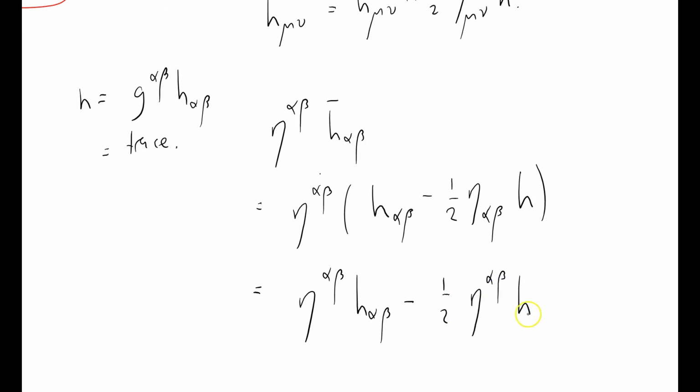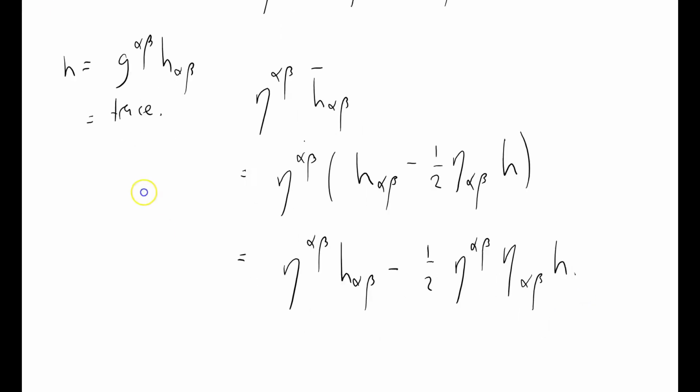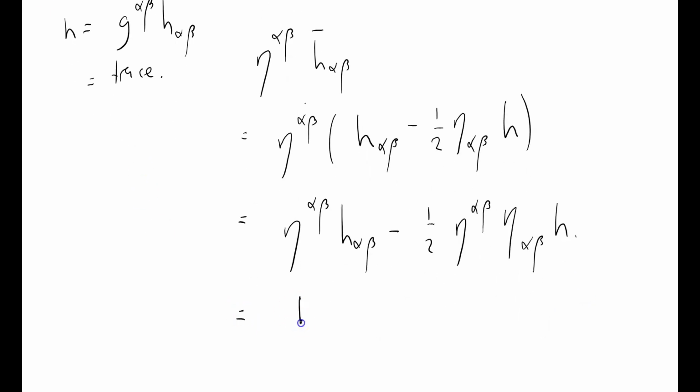Oh no, there's a factor of h there. That's right, equals h by definition, minus a half, and eta alpha beta times eta alpha beta is just 4.